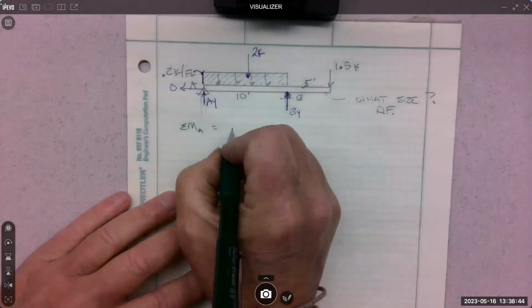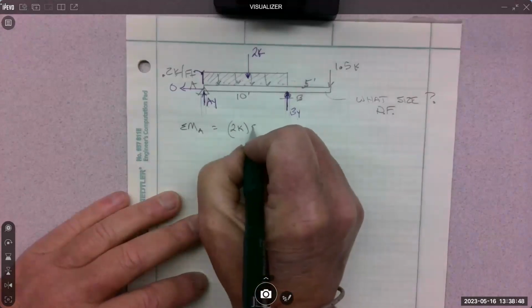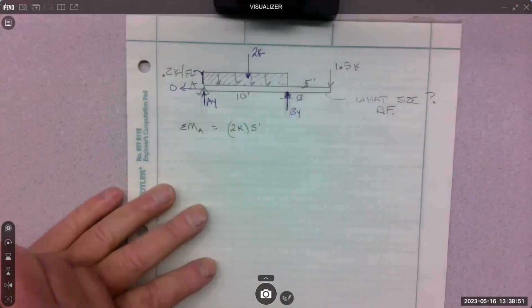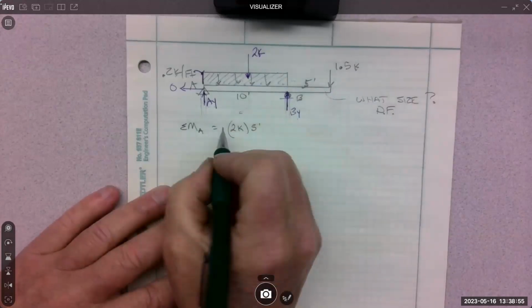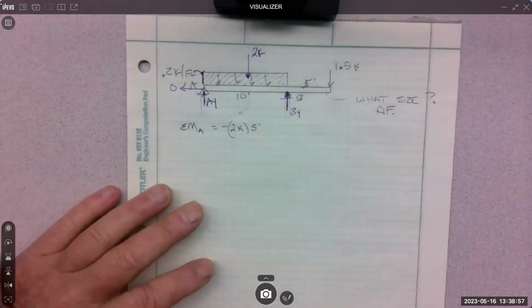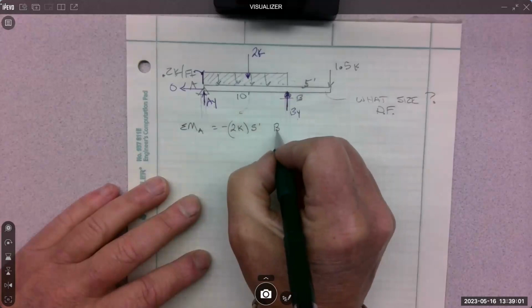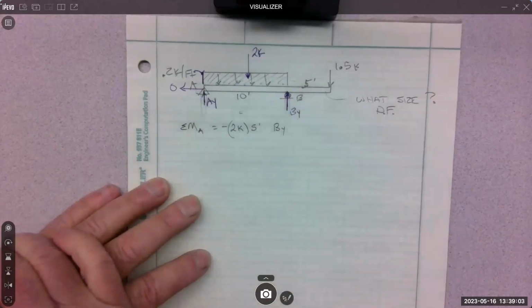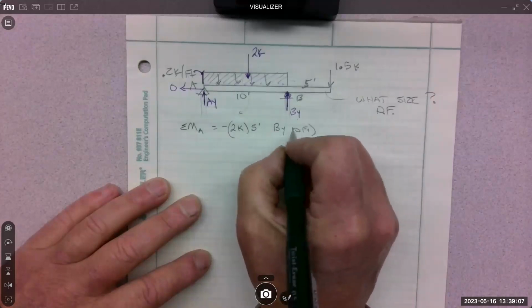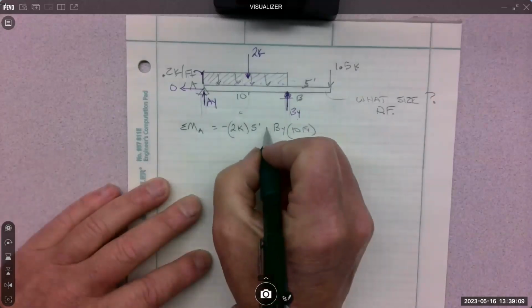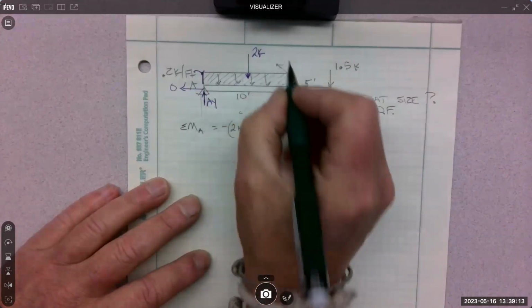So it's going to be 2K times 5 feet, and the rotation is negative, clockwise negative, yep. And then we have BY. I'm just going to work my way across the beam. BY times 10 feet. And its rotation is positive, counterclockwise.